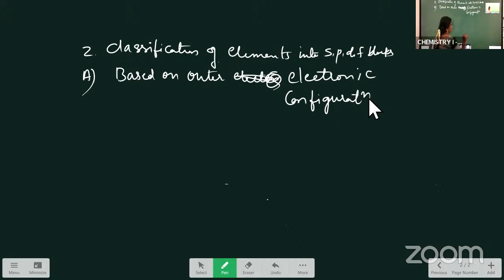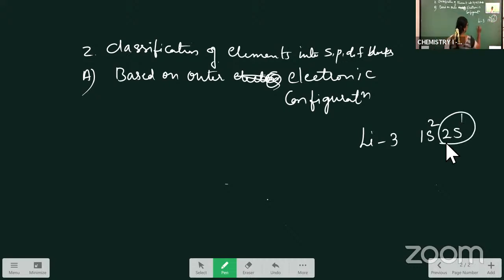For example, we have lithium. Lithium's atomic number is 3. So what is its configuration? 1s2 2s1. That means the outermost electron is in which orbital? In the s orbital. Similarly, beryllium, atomic number 4, is 1s2 2s2.